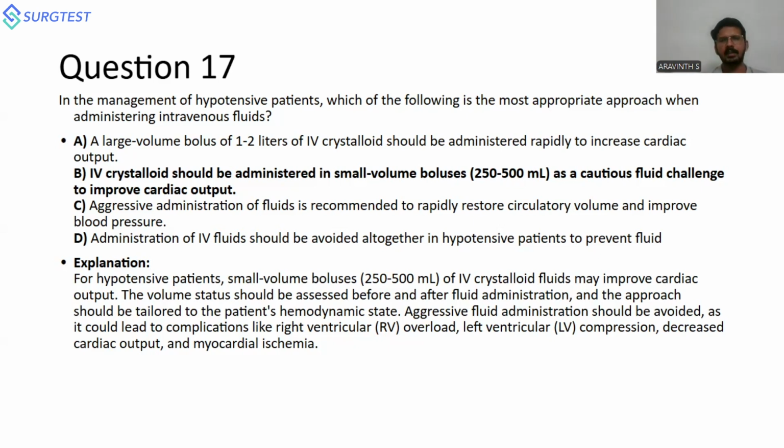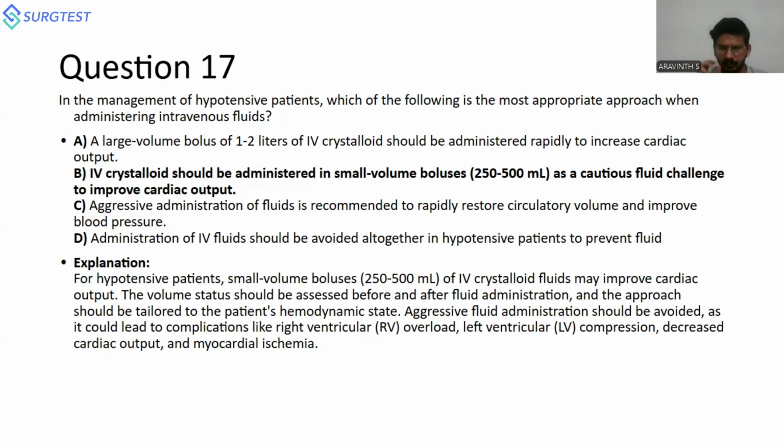So slowly the interventricular septum is going to shift towards the left ventricle. Cardiac output starts coming down, and that causes shock. This is how I end up with shock. So if I give option A, a large volume bolus of 1 to 2 liters, I might precipitate a sudden RV failure and RV strain, which I'm not supposed to do.